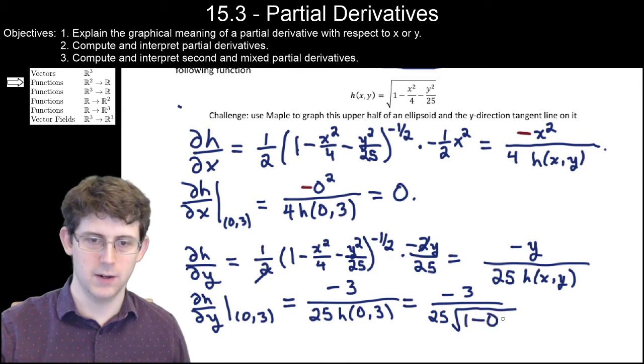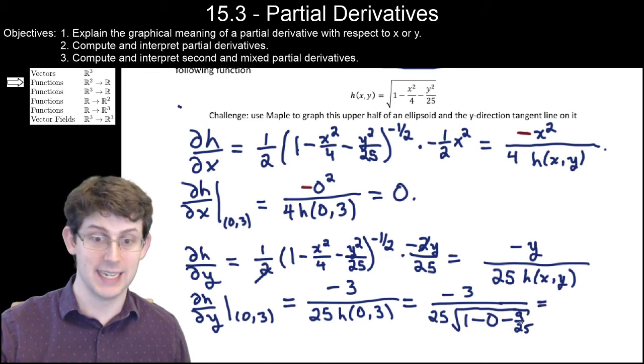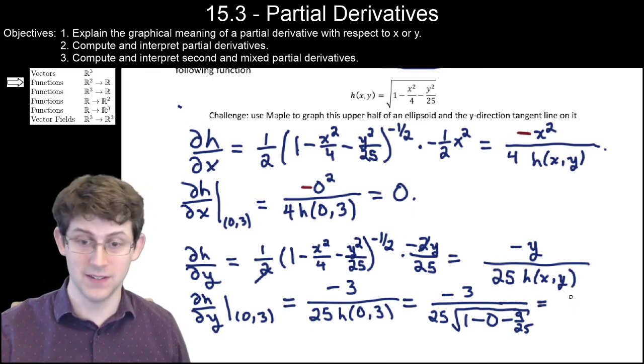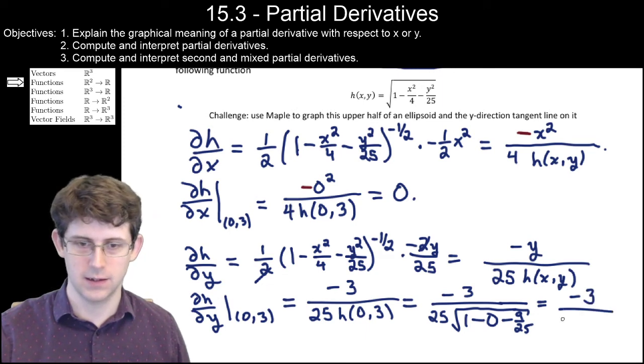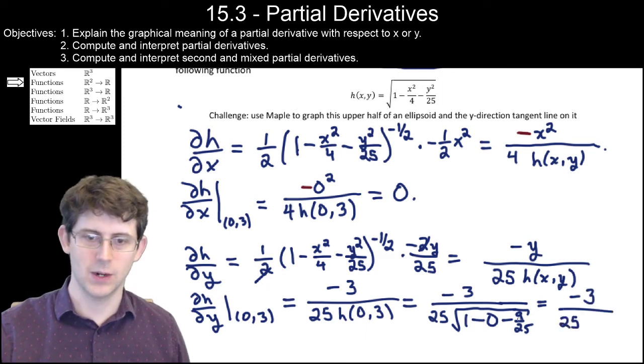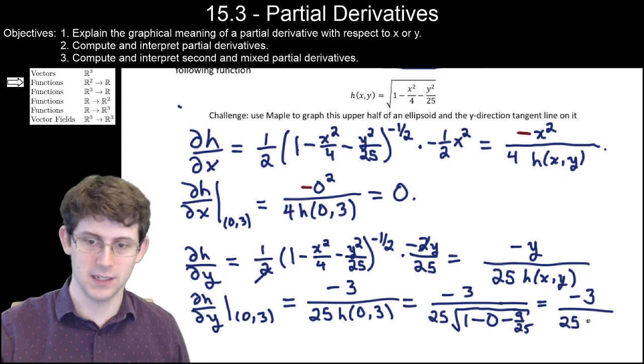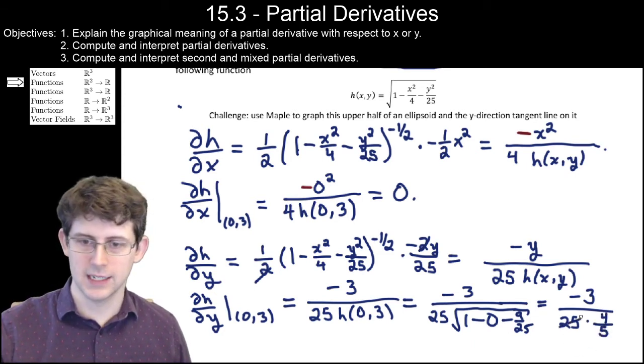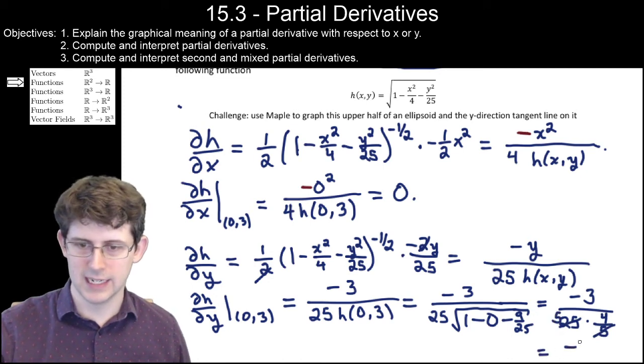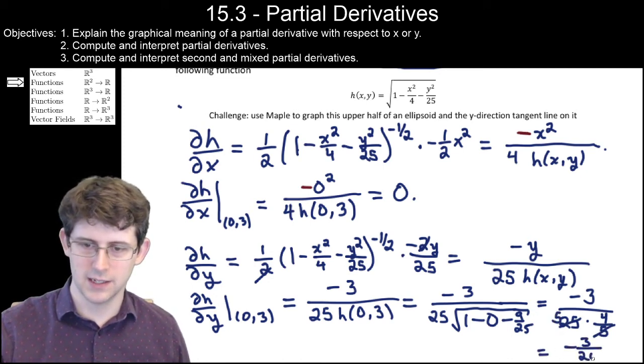One minus 0 minus 9/25. Okay, 1 minus 9/25 is 16/25. The square root of 16/25 is 4/5. Can cancel out this a little bit. And I get minus 3/20.